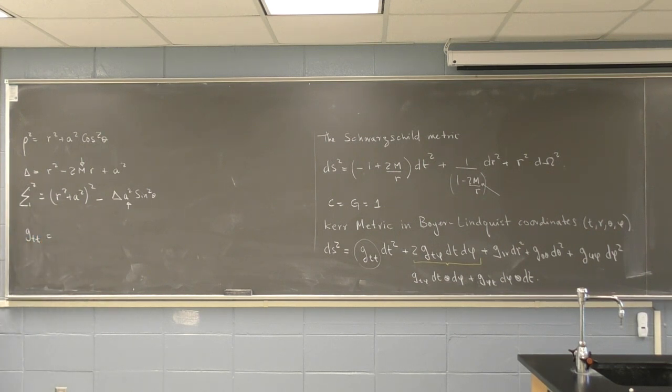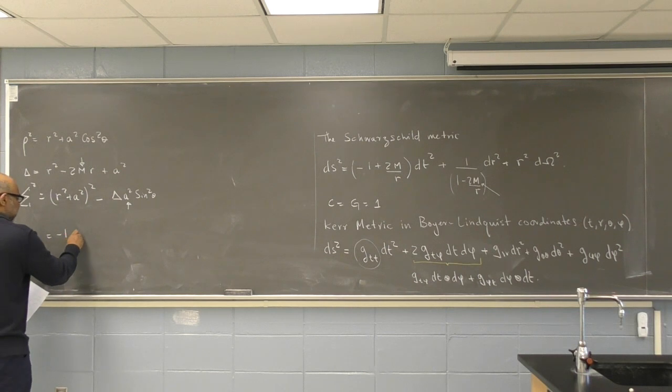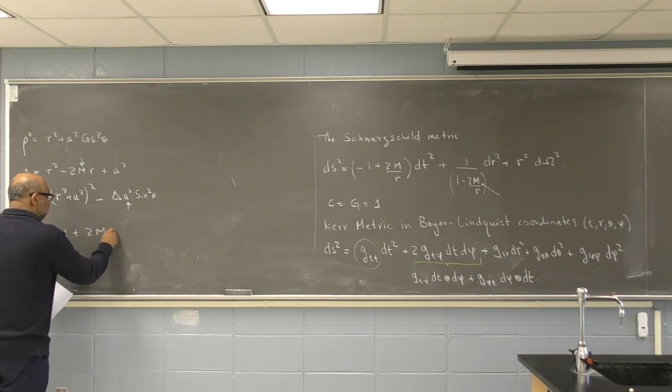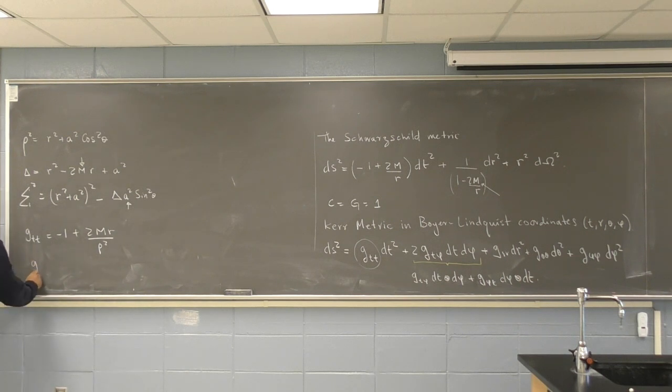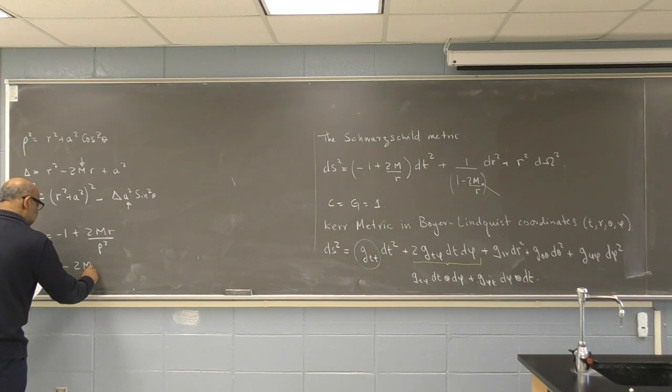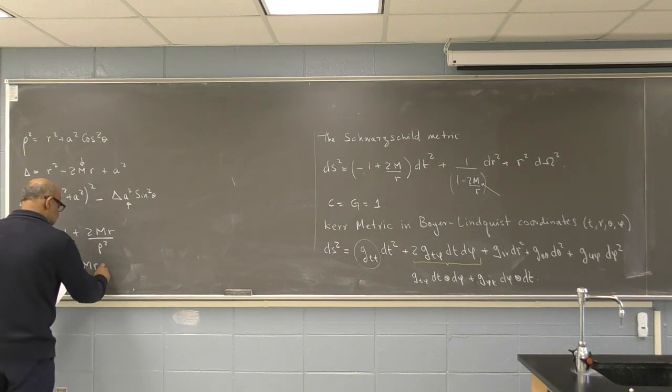It better have a minus dominating in the far regions, meaning when r is very large, and indeed that's the case. I have g t phi, minus 2 m r a sine squared theta over rho squared.